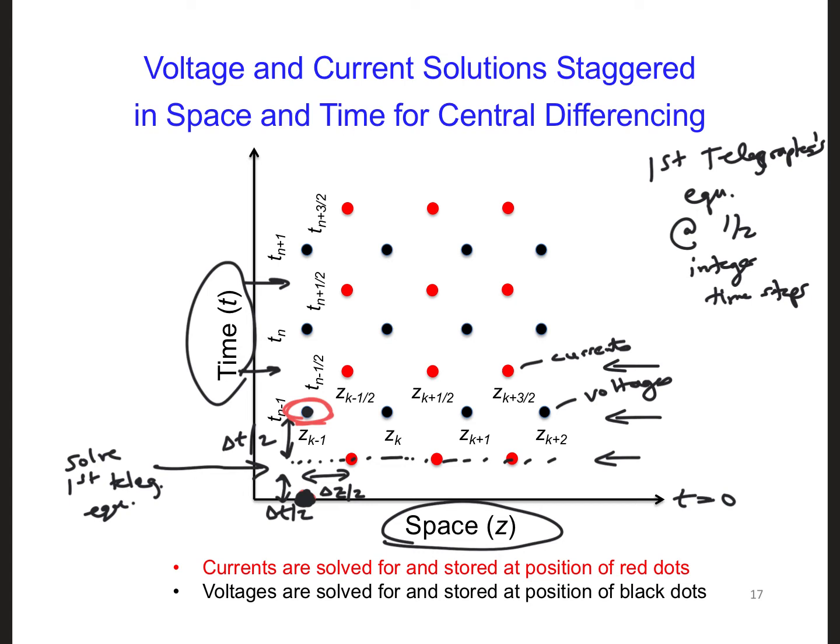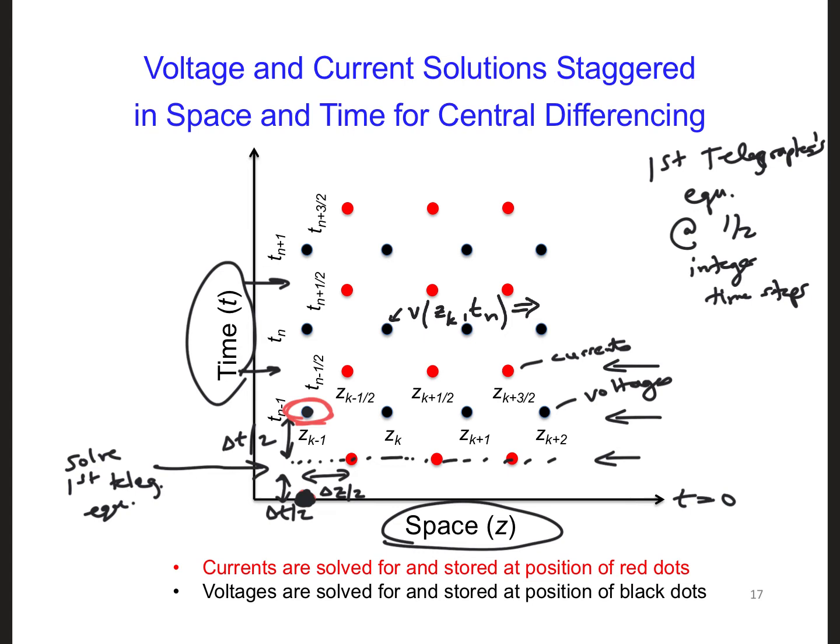And I can choose any one of these voltages, let's say. I could say this is the voltage at position z_k and time step t_n. And you'll find in FDTD literature, and also what we'll use from now on, is that there's a shorthand notation for this.